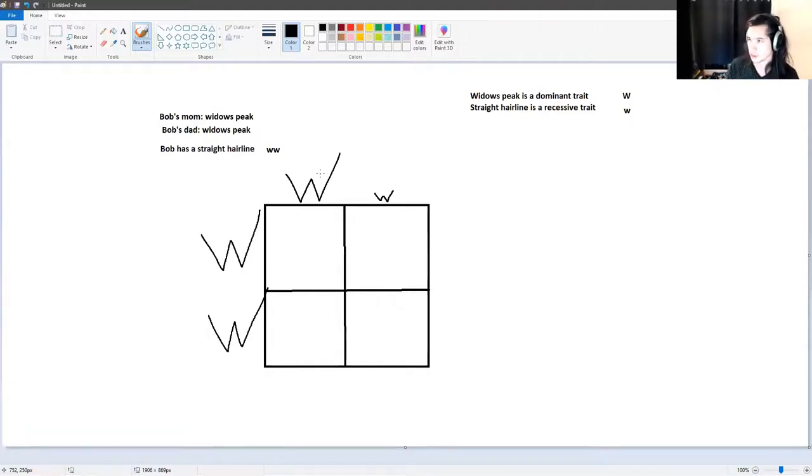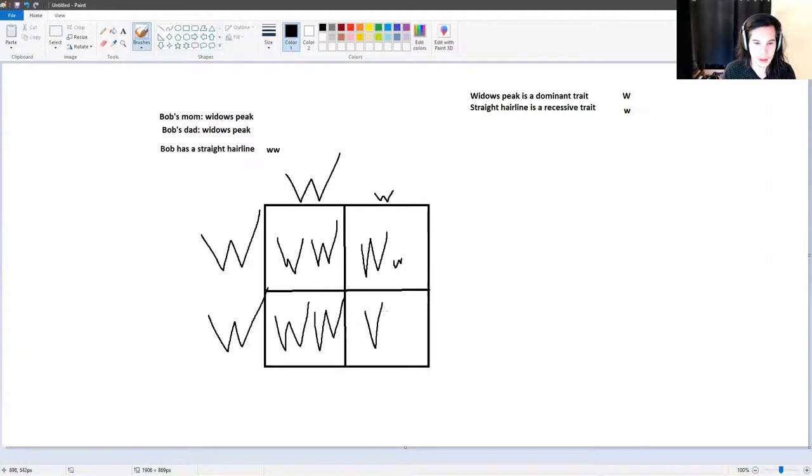But if you're homozygous recessive, meaning little w, you wouldn't have a widow's peak. Let's say this is the mom, this is the dad, and as a result, there is a 0% chance of having a child with a straight hairline.